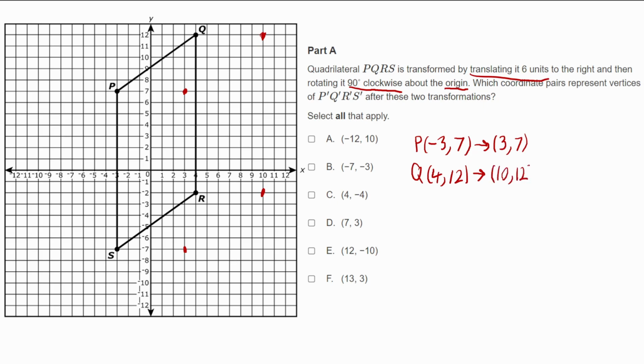Now you might notice that our y's stay the same here, but that's because we didn't add or subtract anything from our y. Next up, we got R. Oops, sorry. S and then R. I did it in that order, so I'm keeping it in that order. S is at -3, -7. Now, if S is at -3, -7, our floaty point of S is at 3, -7.